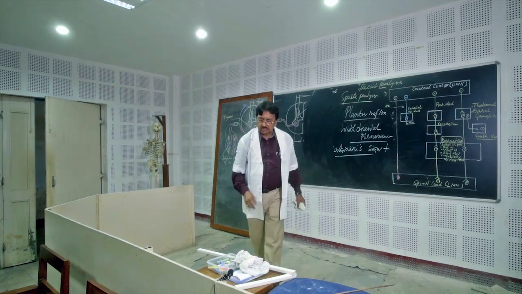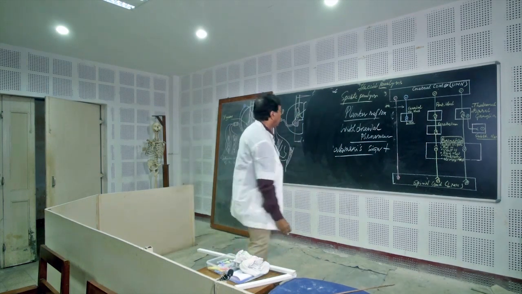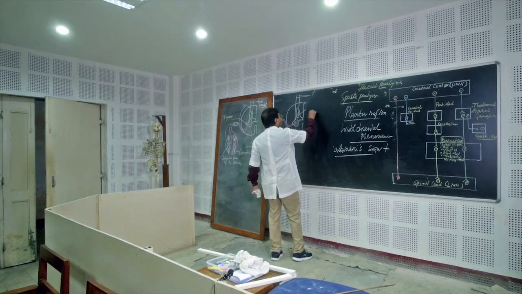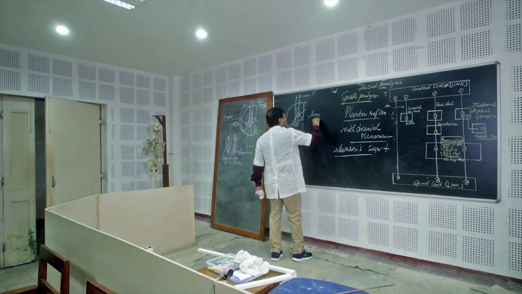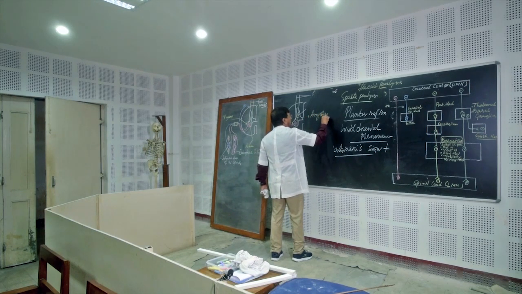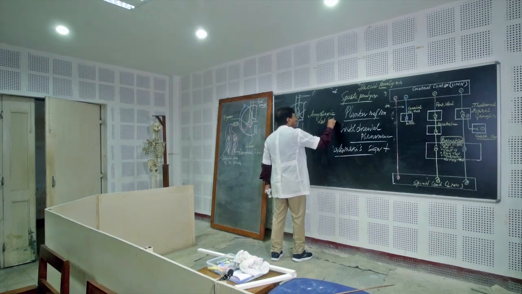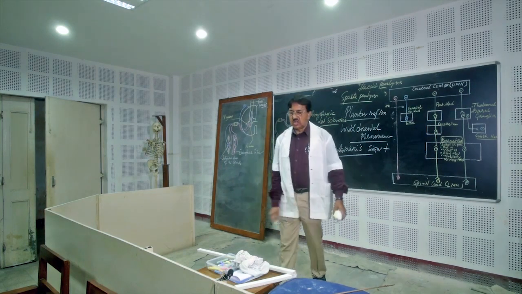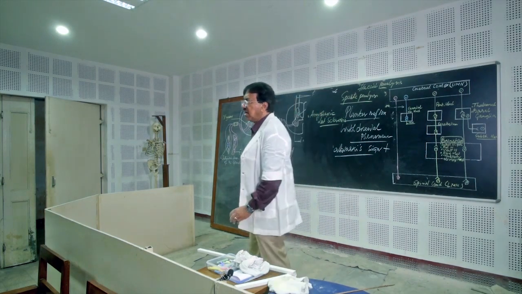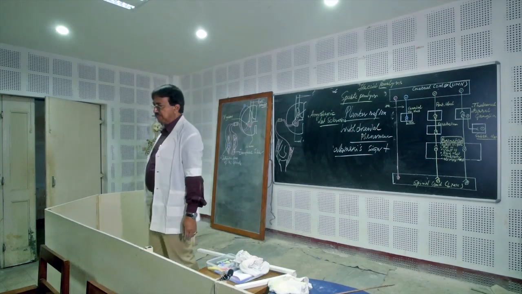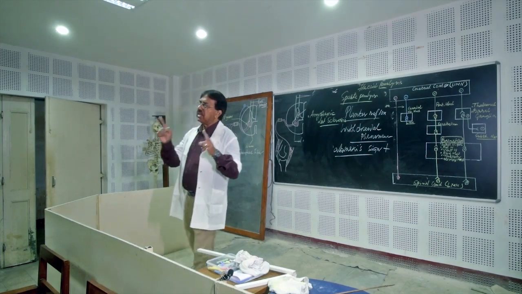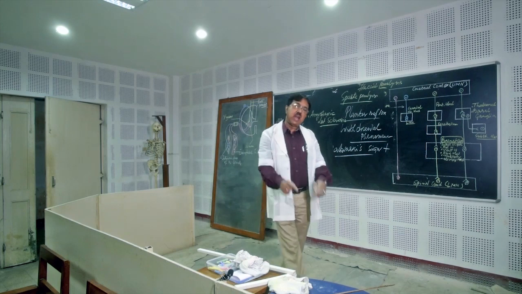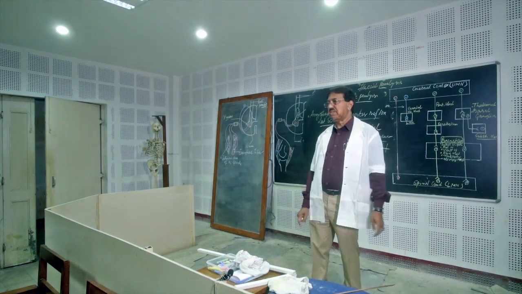Number one, amyotrophic lateral sclerosis. Sclerosis means degeneration. It is degeneration in the lateral white column, involving damage to the lateral corticospinal tract.